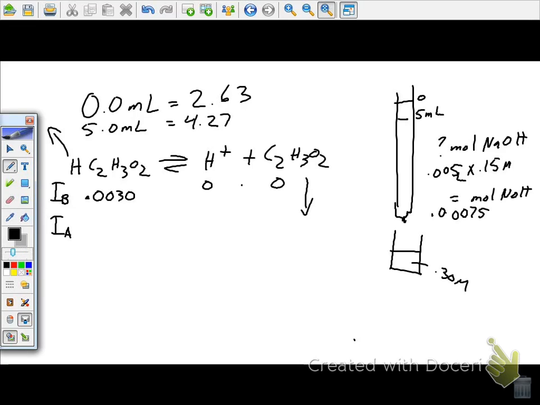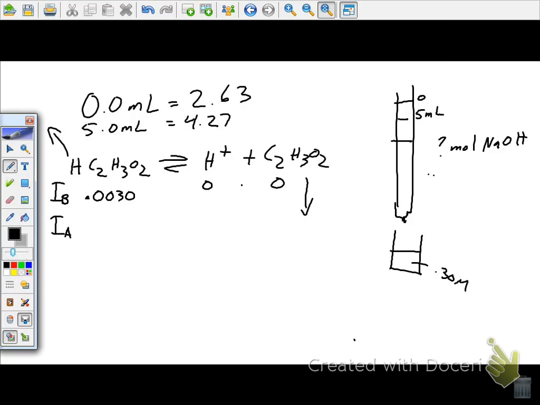Okay, so we can make trusty calculator out here and figure out something so I don't mess up on the halfway titration point. Now we're going to add 10 milliliters.